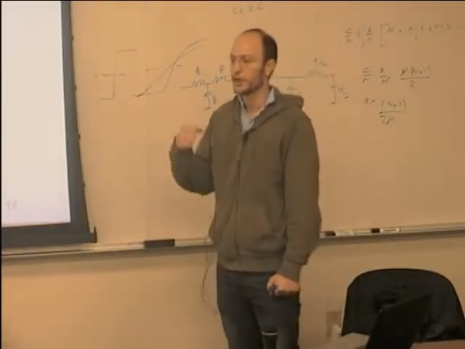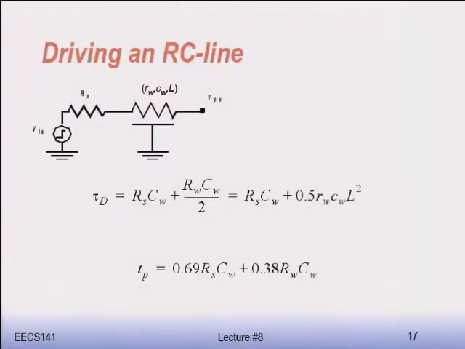Okay, so now let's go back to the initial model. This is where we started, right? We have our driver essentially right here, and the wire, and we want to know what's the delay. Okay, so you can do Elmore delay again, and find that the delay is the total wire capacitance times the source resistance plus the delay of the wire.